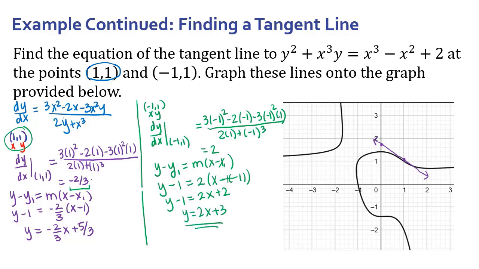There's the equation of the tangent line at (-1, 1). If I were to graph that, 3 is up here, and I'd be going up 2 over 1, which we can't see up here, but we can go the opposite direction: down 2 over 1, down 2 over 1, to the left one. So there's that tangent line. You can see again, up 2 over 1, up 2 over 1, and it goes right through the point there.